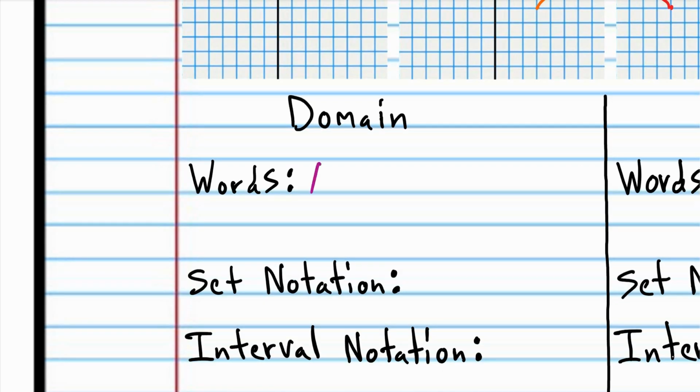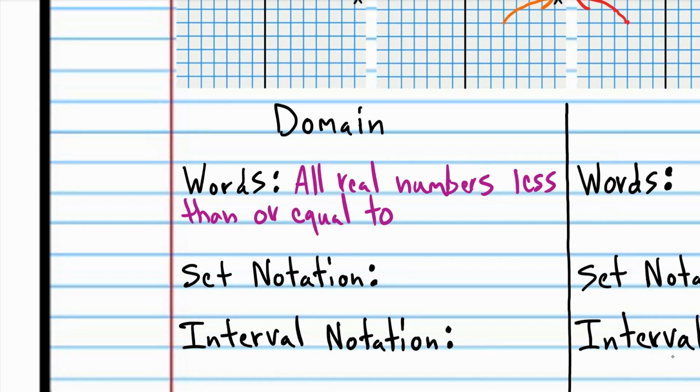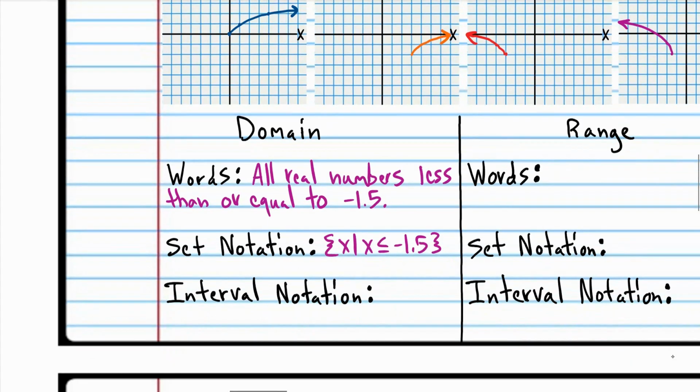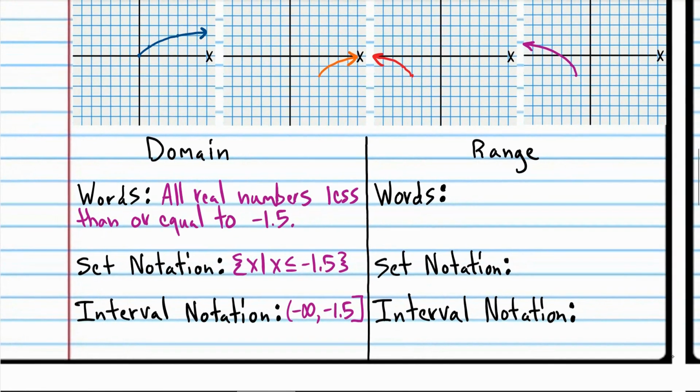So the domain is all real numbers less than or equal to negative 1.5. And in set notation, we say the set of all x values such that x is less than or equal to negative 1.5. In interval notation, we use a parenthesis, negative infinity, and negative 1.5, and a bracket because negative 1.5 is part of the domain.